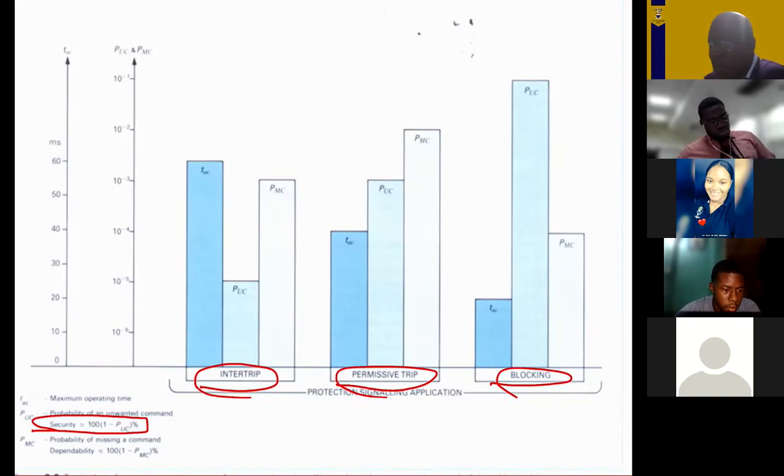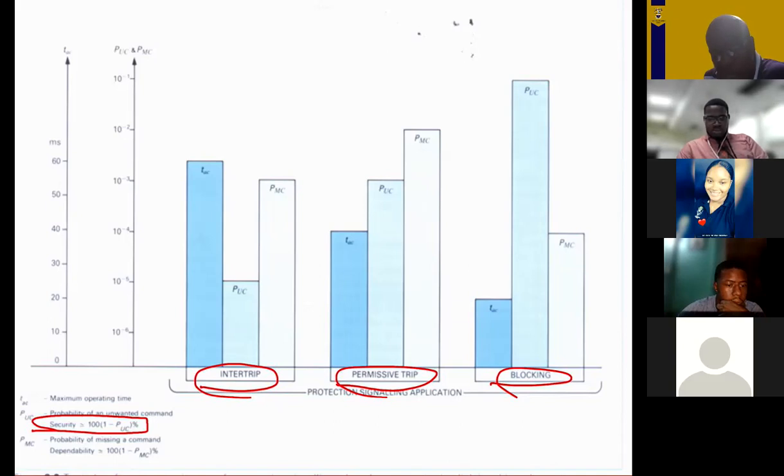And dependability was a function of missing a command. So for security, it is 1 minus the probability of an unwanted command occurring. So the smaller the probability of getting an unwanted command, the higher the security of the system.